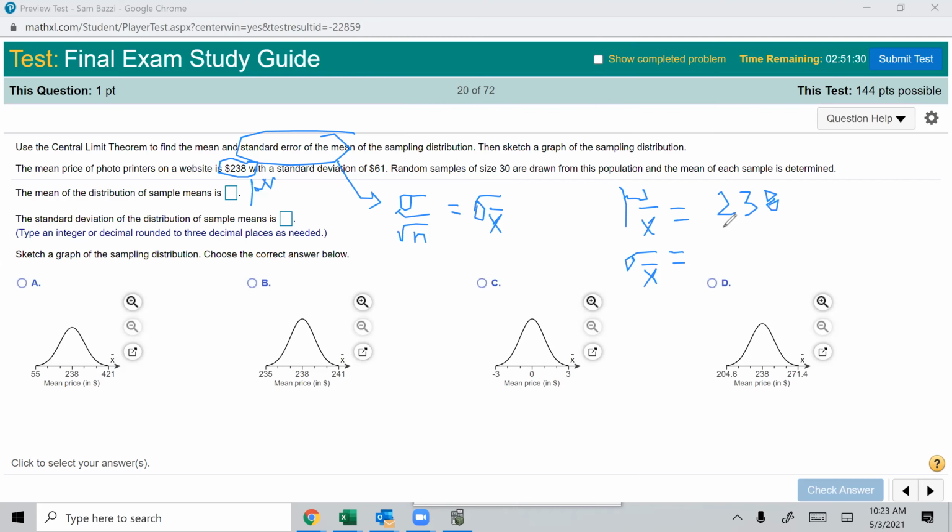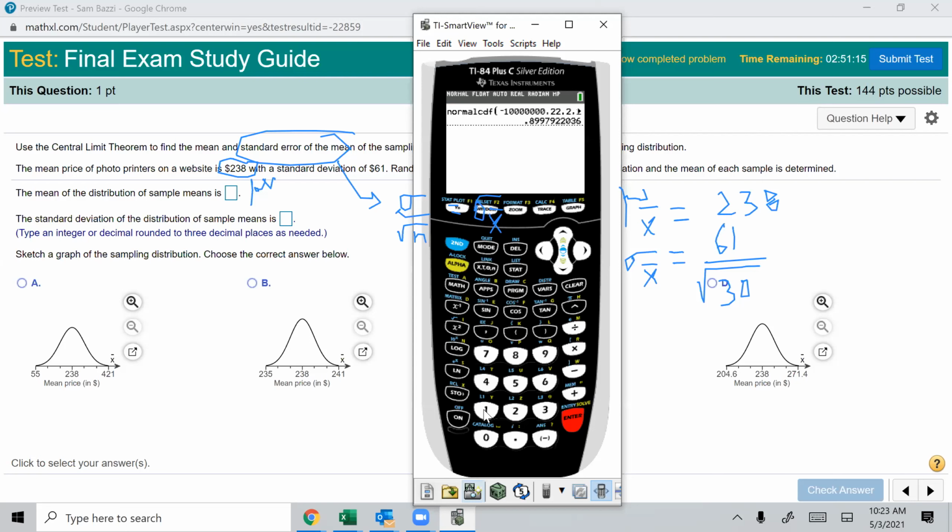It will be the original sigma 61, divided by square root of 30. And what would that be, guys, if I bring the calculator back? 61 divided by square root of 30, enter. So 11.14.